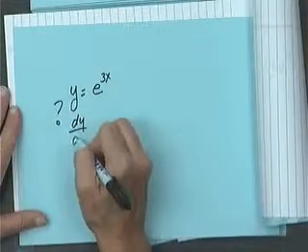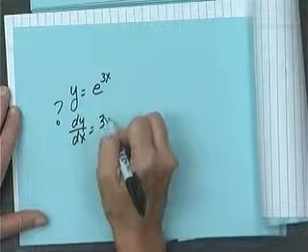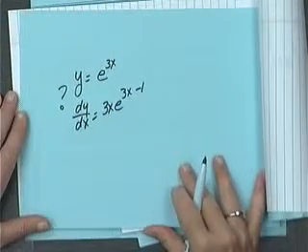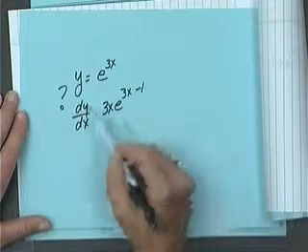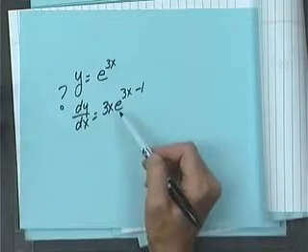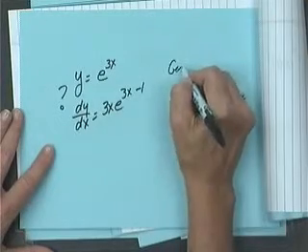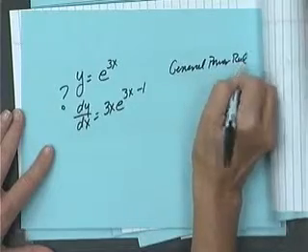Is this the derivative? It's not the derivative. It looks like we're trying to do the general power rule.